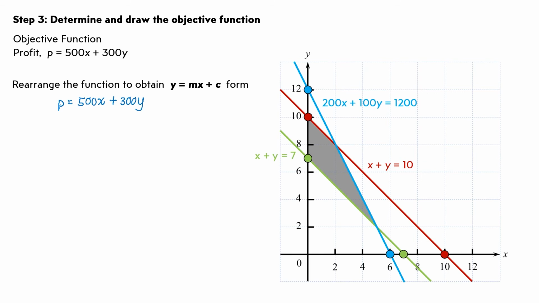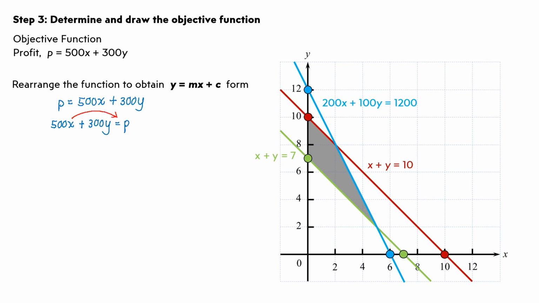Let's say I rewrite it in the form of 500x plus 300y equals P. Next, I move 500x to the other side.